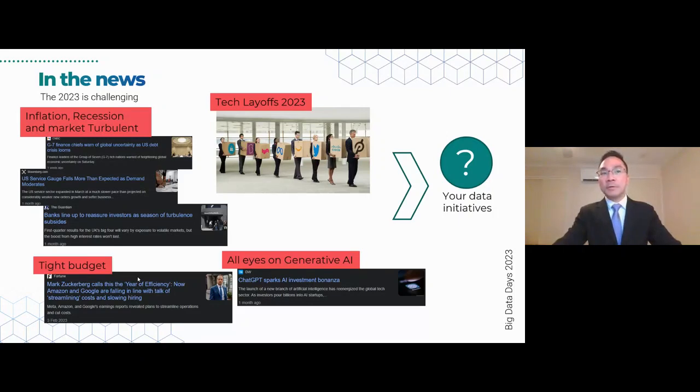It's very tight at the moment on spending for current operations, let alone future investment. Then all of a sudden, all the attention is on generative AI, for example, ChatGPT. There's still a lot of spotlight and a lot of questions around what that AI tool is and how we use it right away.